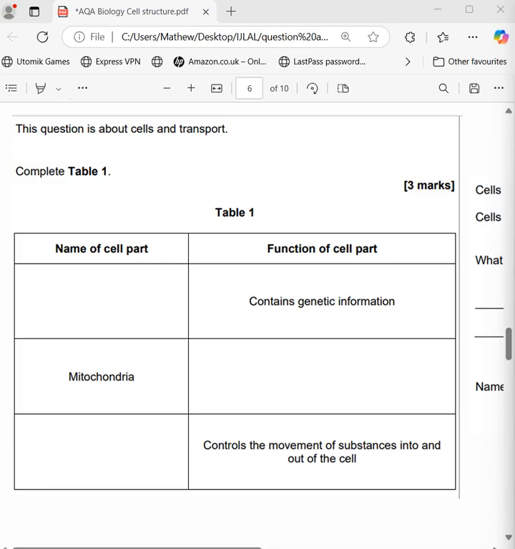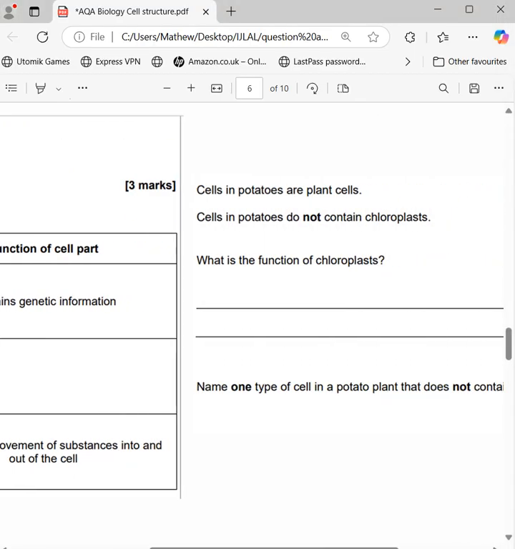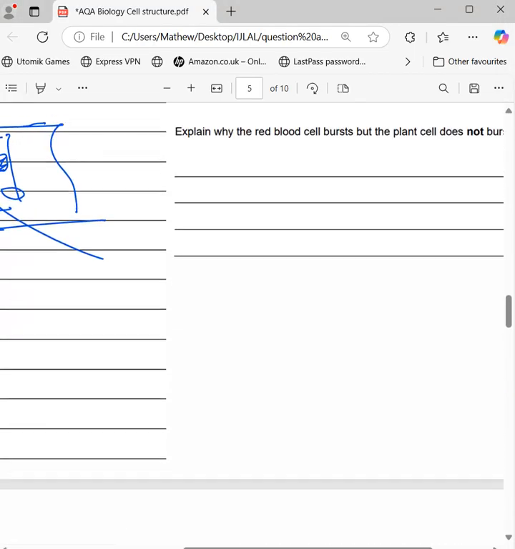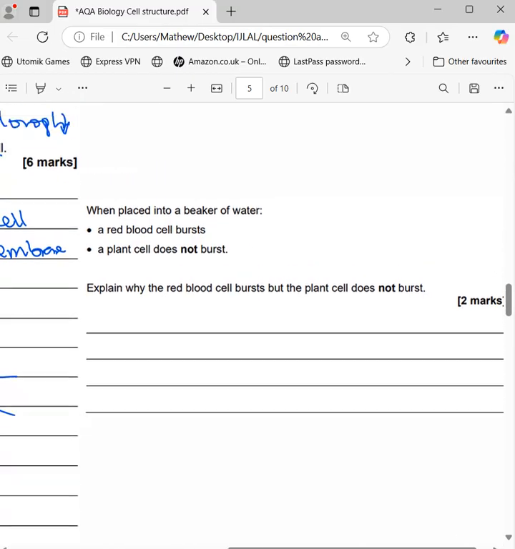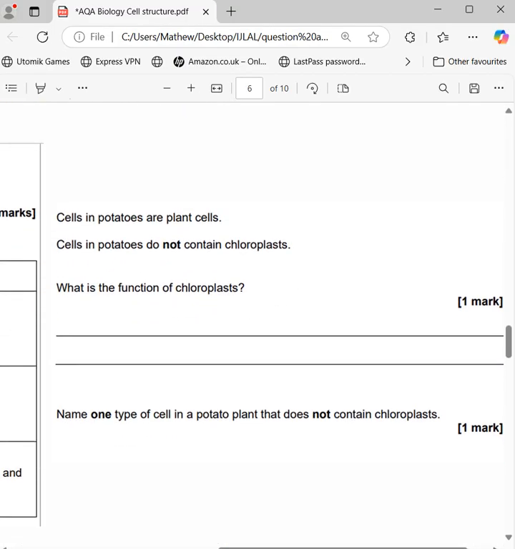That part is the nucleus. Then mitochondria function: sites for aerobic respiration to provide energy. Control the movement of substances into and out of a cell. That's the cell membrane. That's quite easy. Did I miss anything? Okay, I'll go back. Cell membrane.